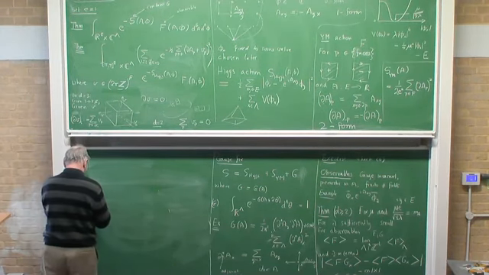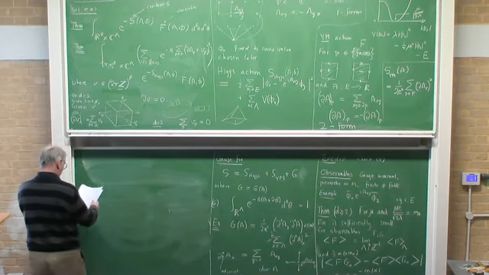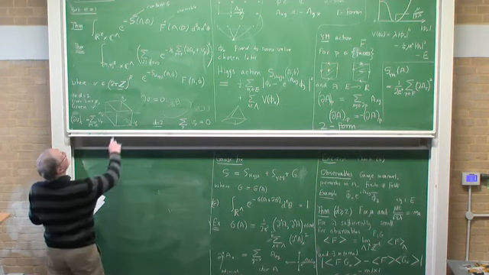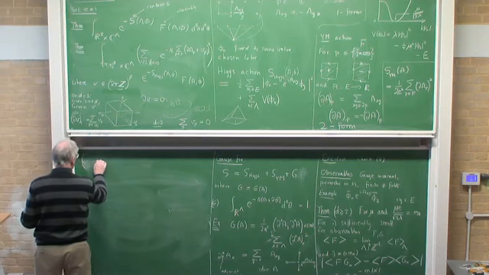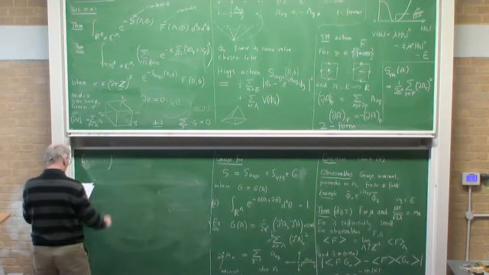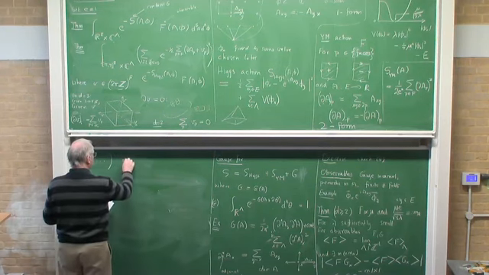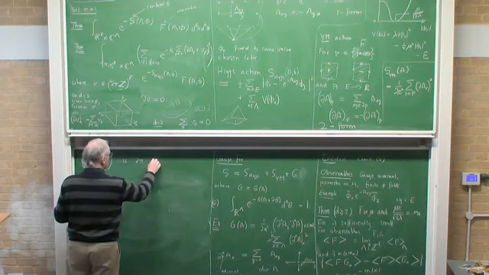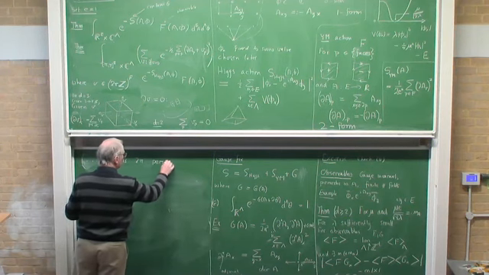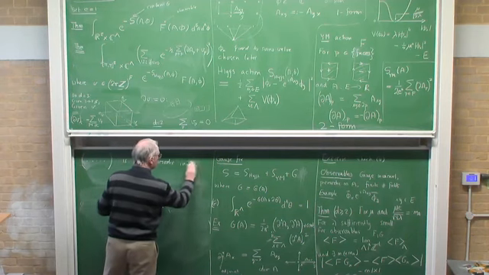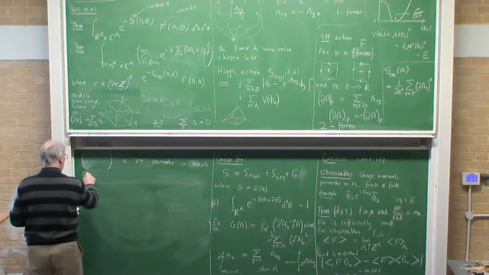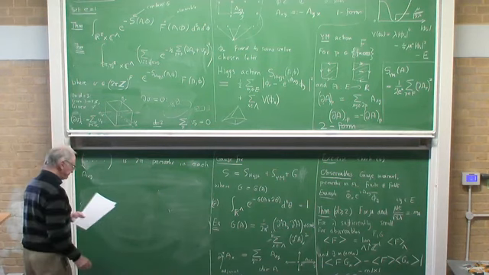So let me explain it this way. This whole thing inside the parentheses is 2 pi periodic in each AXY.